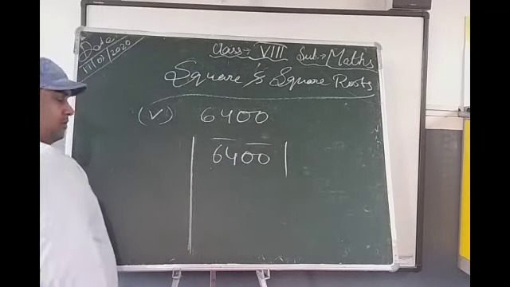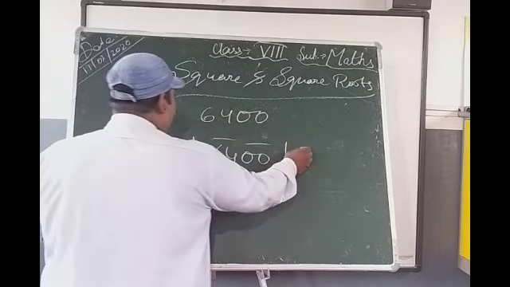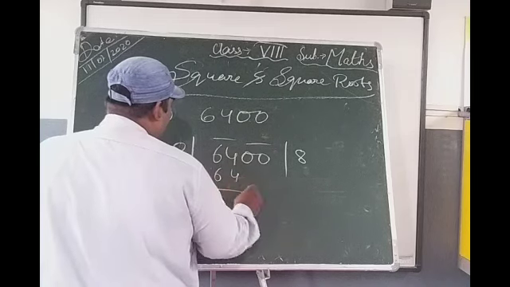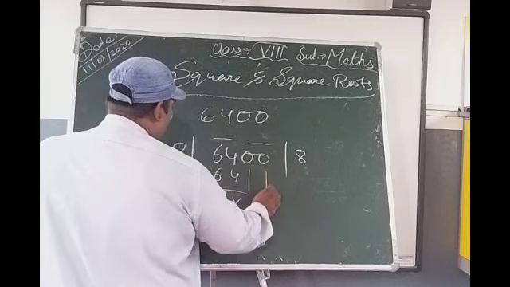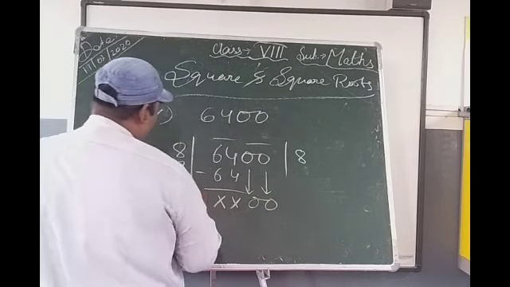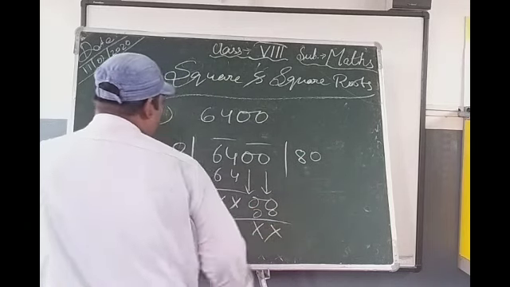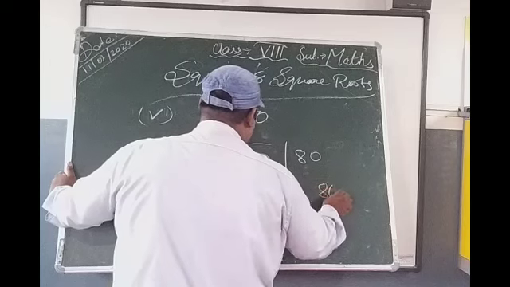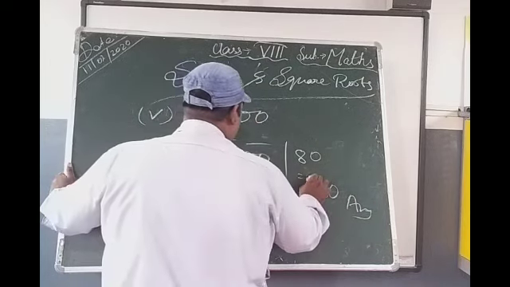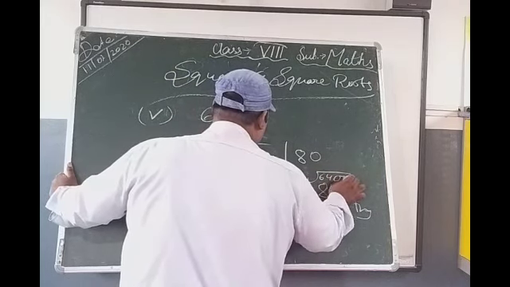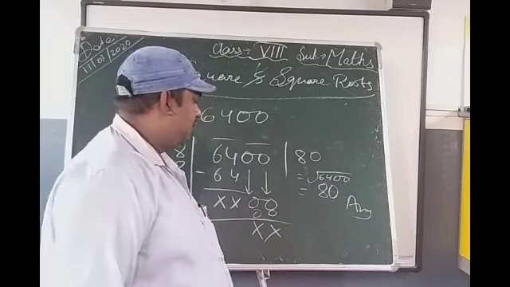We make pairs of two digits. 8 into 8 is 64. Now the next pair comes down. You will write 00, but it is not divisible, so write 0 and 0. Finally, 80 is our answer.